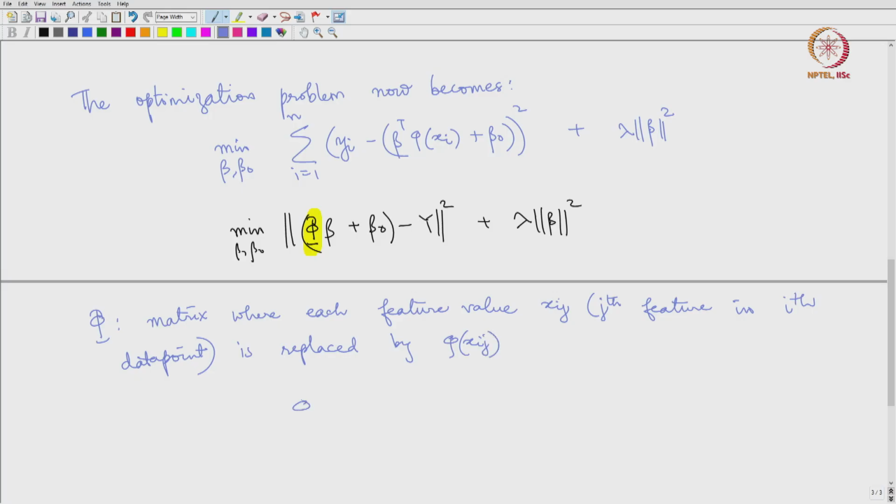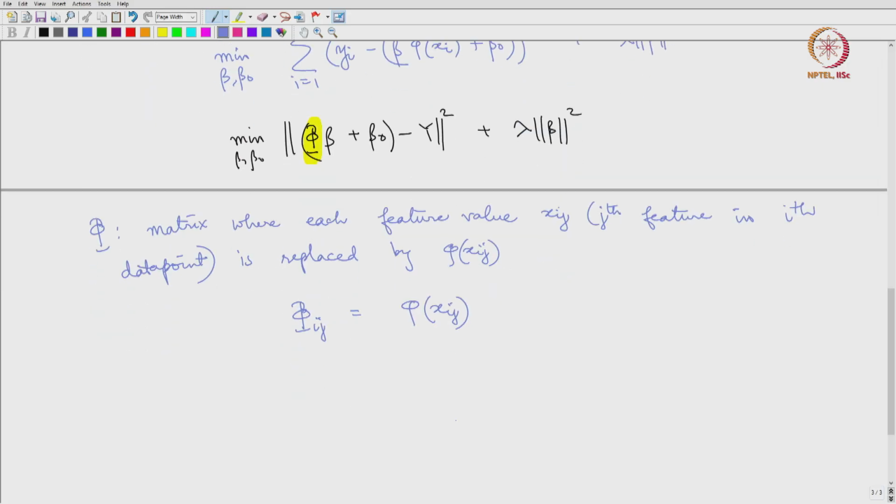Okay. So the ijth entry in the matrix capital phi is basically the small function phi applied on xij, right.